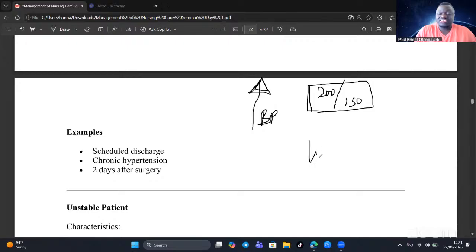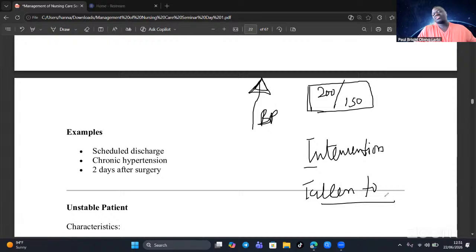You need to intervene. So what type of intervention are you going to rely on? And where would the patient be taken to? Somebody should answer these two questions for me. Because you have to be sharp.